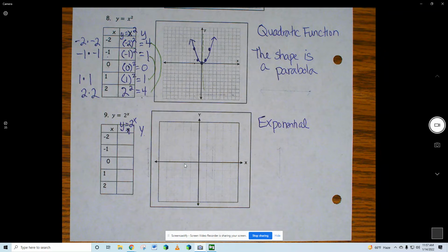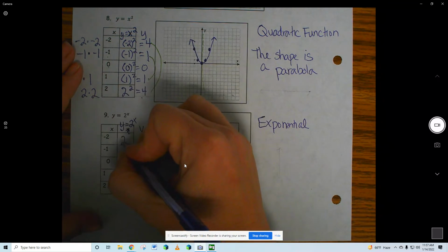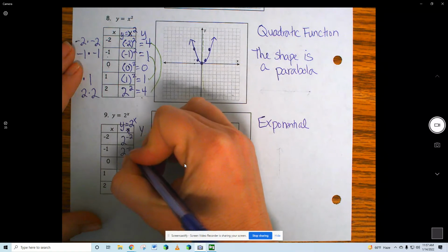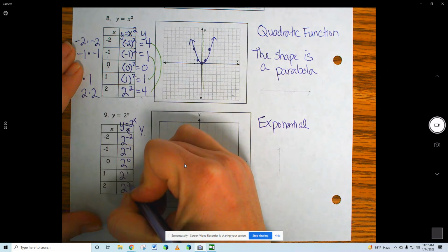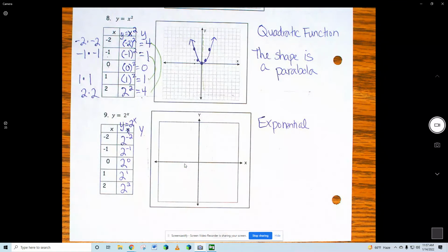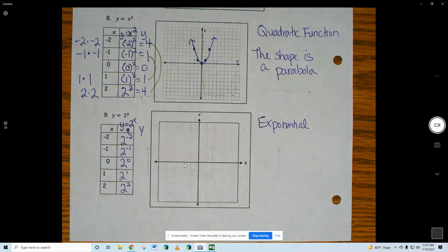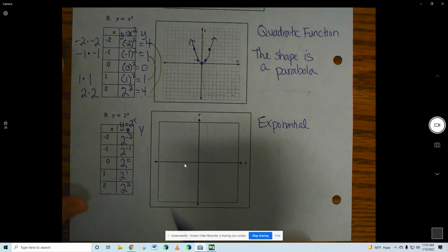I have to raise it to the -2nd power. 2 to the -2nd. 2 to the -1. 2 to the 0. 2 to the first, 2 squared. We practice these on the front side for this reason. 2 to the negative second.